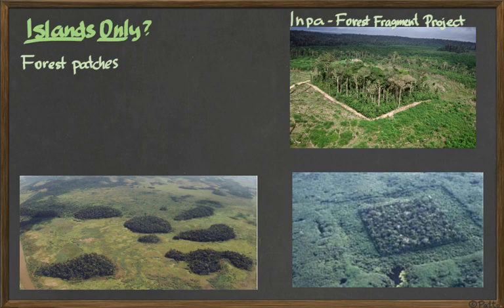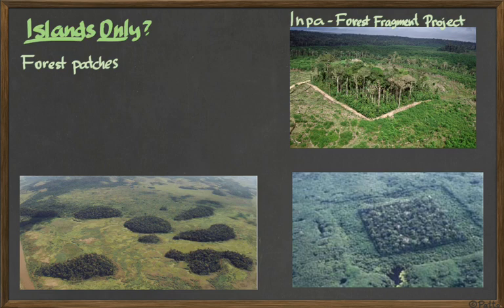So can you keep patches of forest with a certain size and with a certain distance from the national park that's nearby here? And they agreed, and they did. They kept forest patches of 1 hectare, 10 hectares, and 100 hectares.